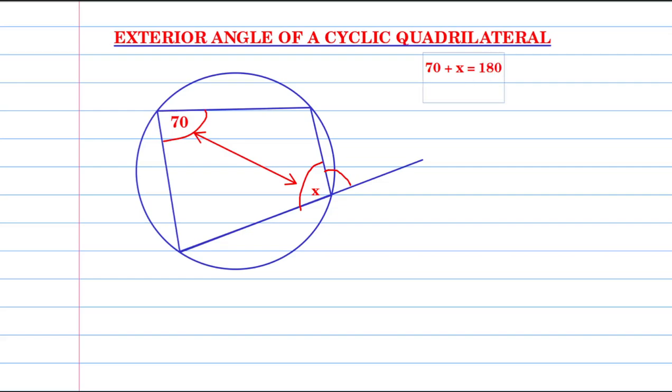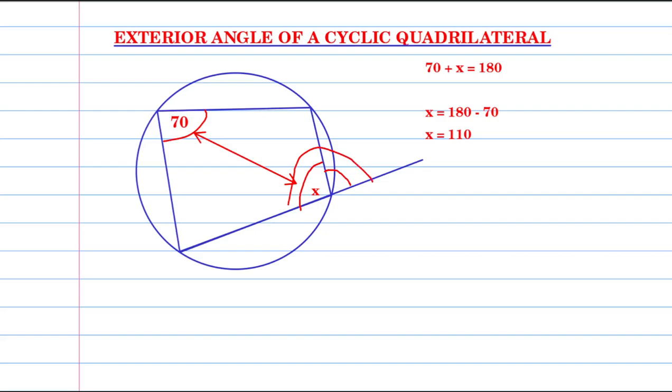Then if you subtract 70 degrees from both sides, x is going to be 180 degrees minus 70, which in turn tells you that the value of x is nothing but 110 degrees.